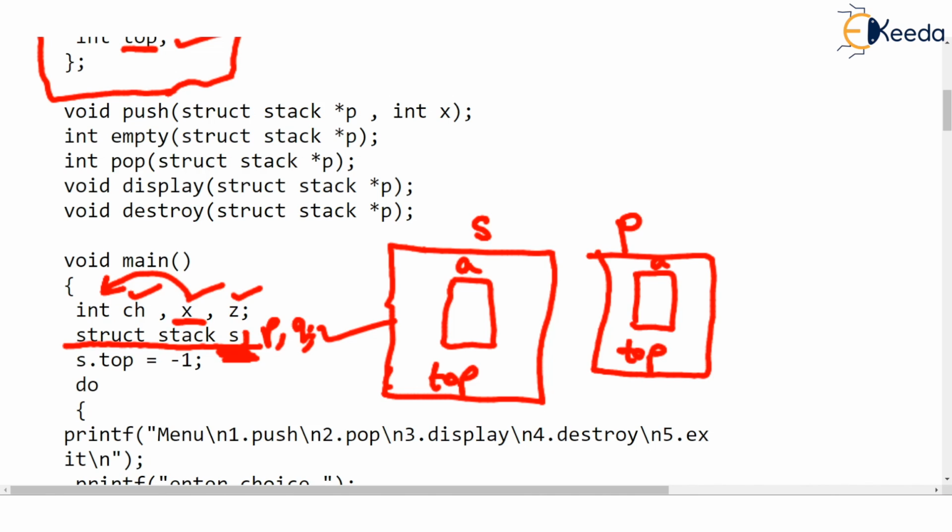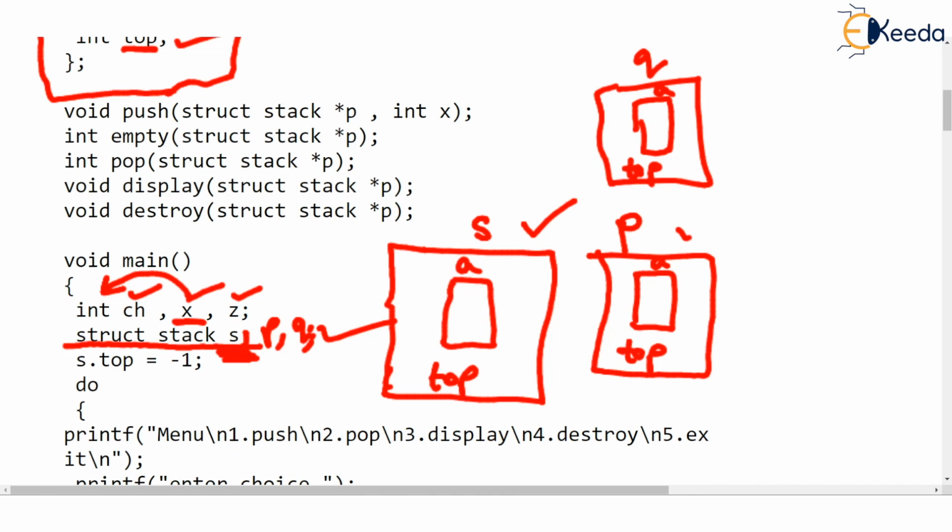And q is also a structure stack which contains an array of fixed size and a counter called top. So you can create three stacks in the memory by using that structure called stack. And now you can individually push or pop values from this stack, or from this stack, and the same can be done on this stack.